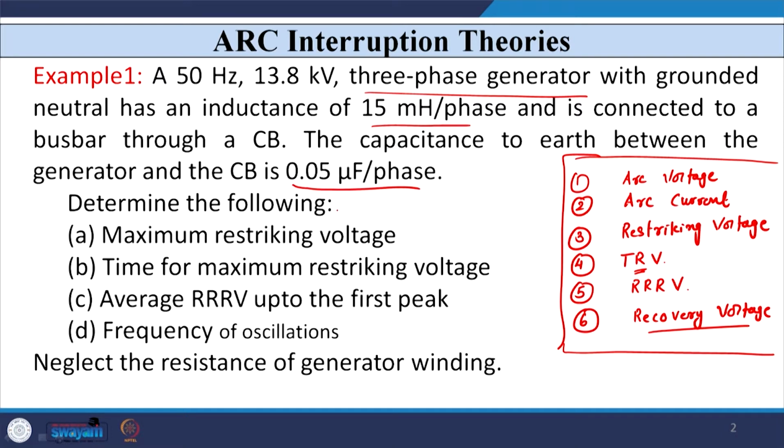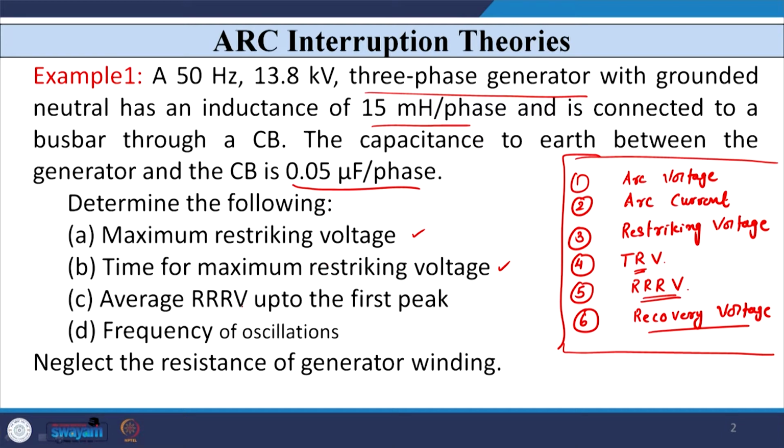You need to determine the following. The first is the maximum restriking voltage, that is your RRRV. The second is the time for the maximum restriking voltage, at what instant your RRRV becomes maximum.